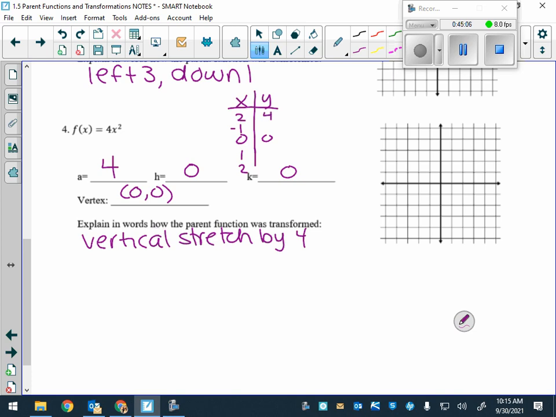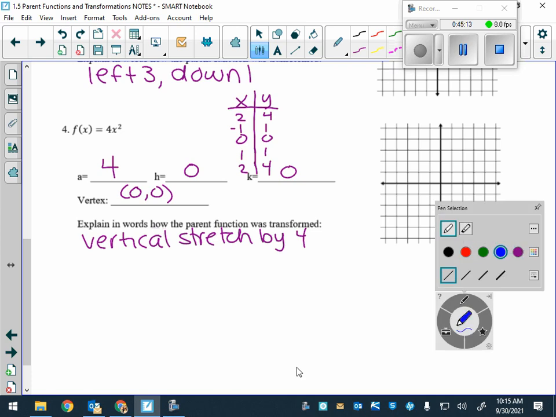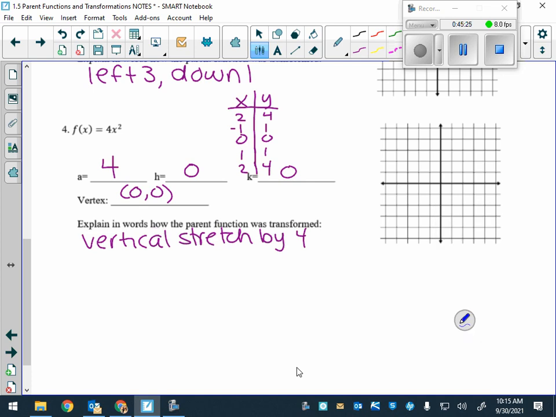Okay. Here were my parent function points, right? Okay. So when you have a transformation, a vertical stretch and shrink have to happen first. Think of PEMDAS. We have two things. A and K both affect the Y values, right? So your multiplication has to happen first. So what that looks like is blue is my new function. My X values are going to stay the same since the vertex is 0, 0.